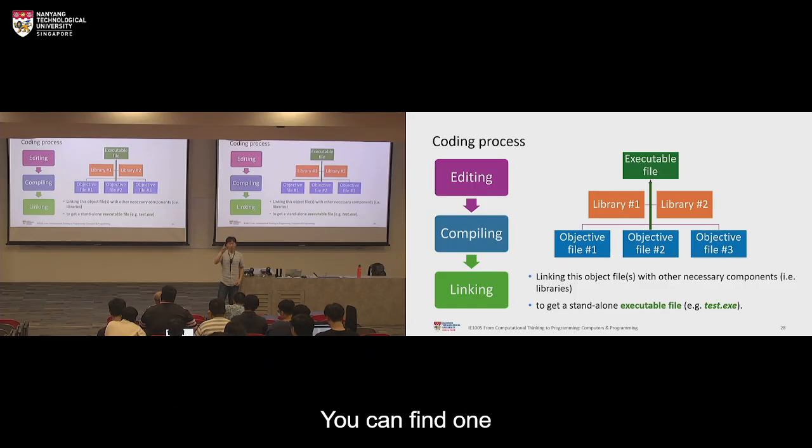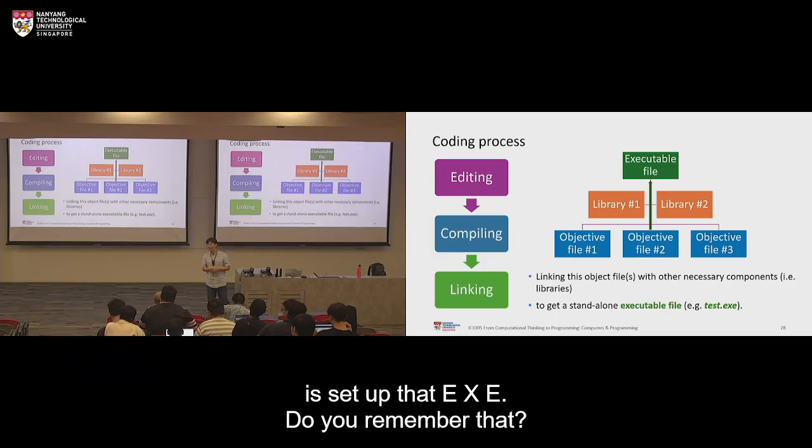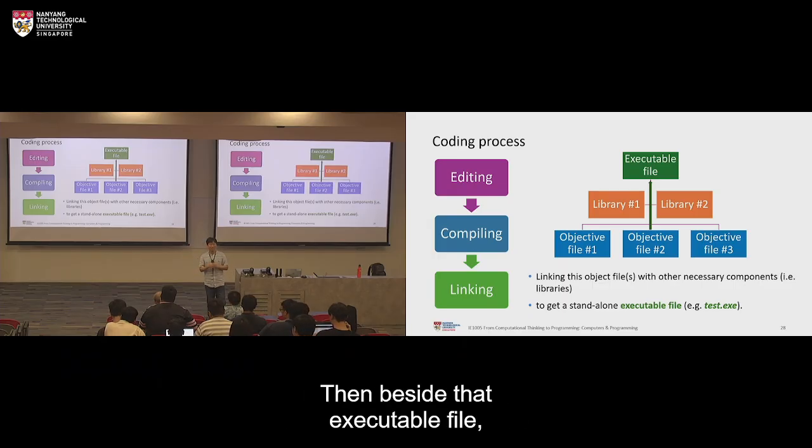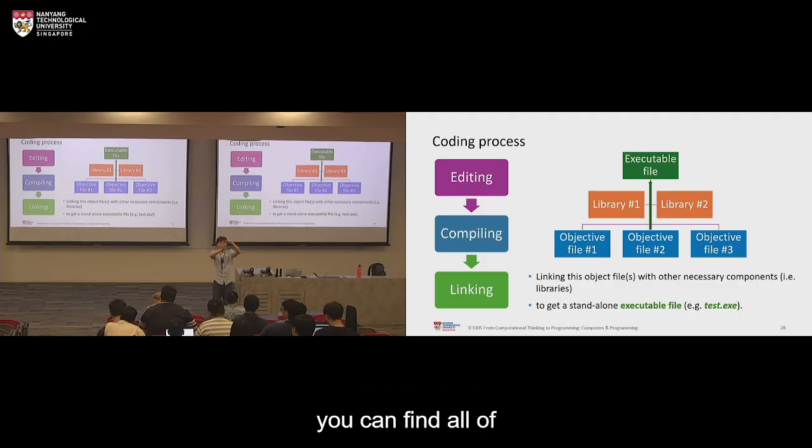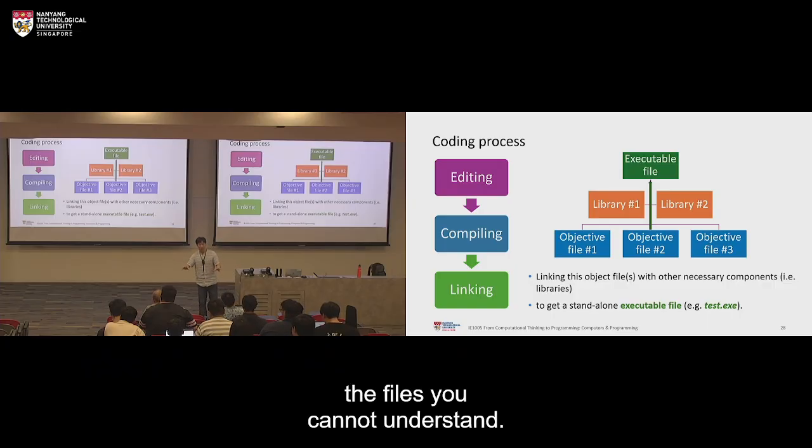You can find one executable file most of the time. Usually the name is setup.exe. Do you remember that? Then, beside that executable file, you can find a lot of files you cannot understand.